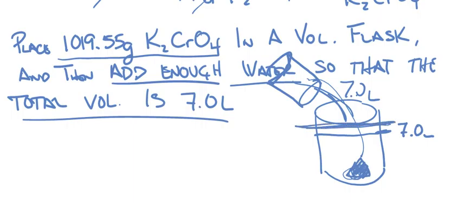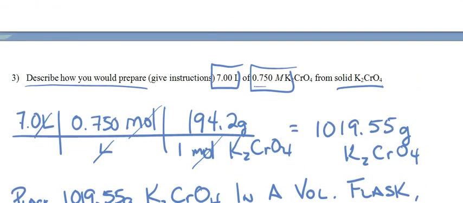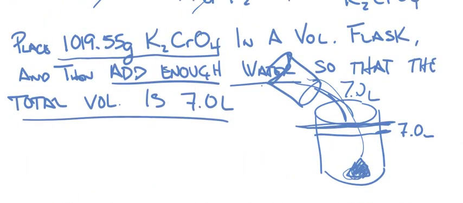So what we need to have is a solution that has exactly 0.75 moles for every liter of this solution. That's why I emphasize, make sure that we add enough water so that the total volume is 7 liters. We're not adding 7 liters to our 1,019.55 grams.